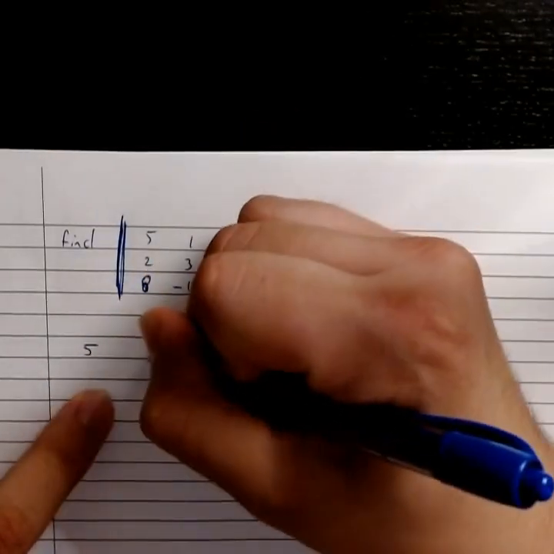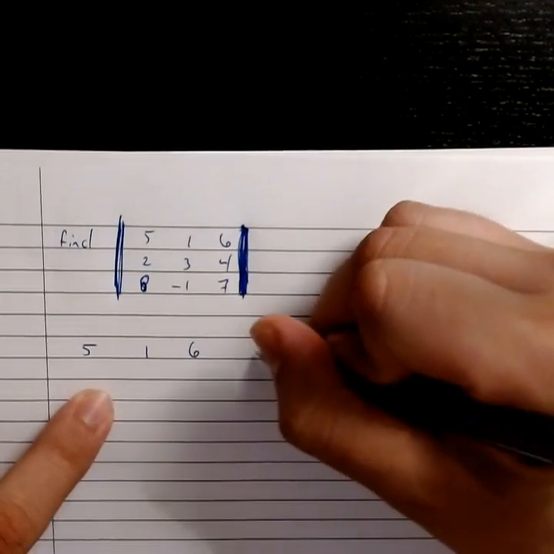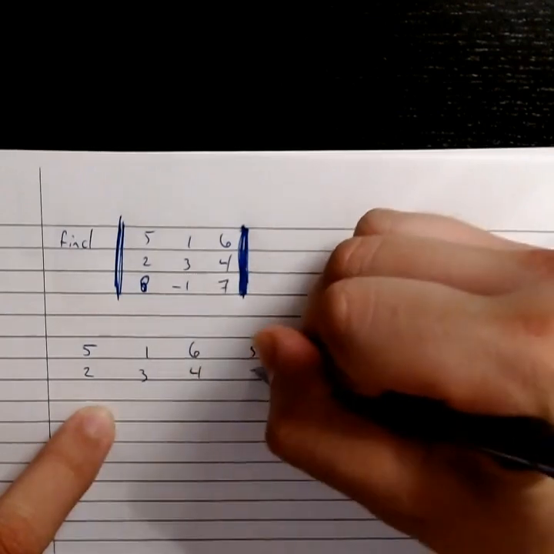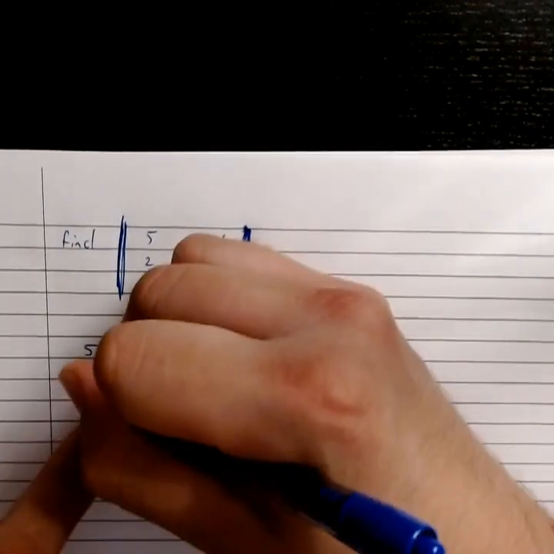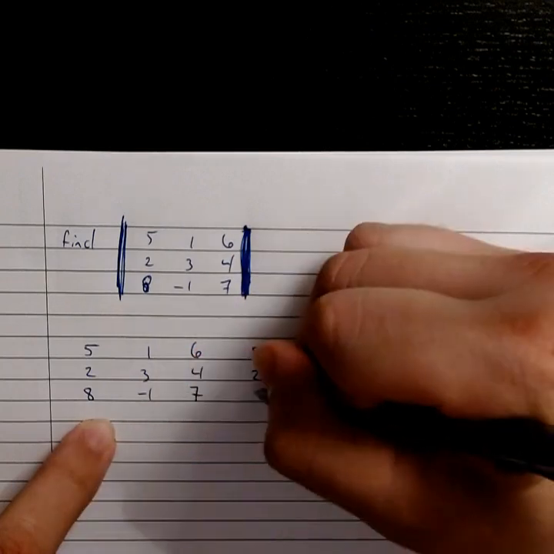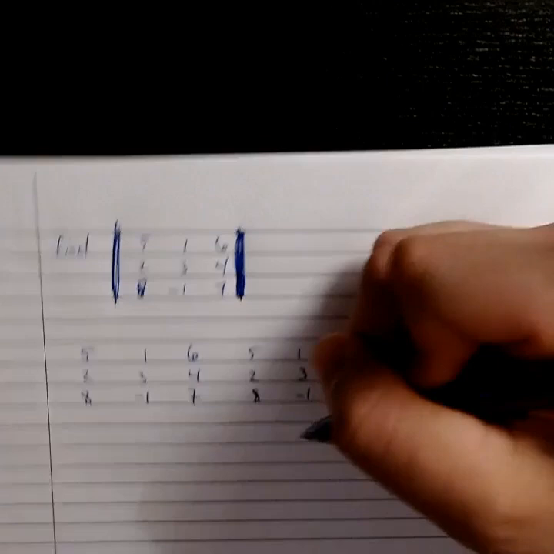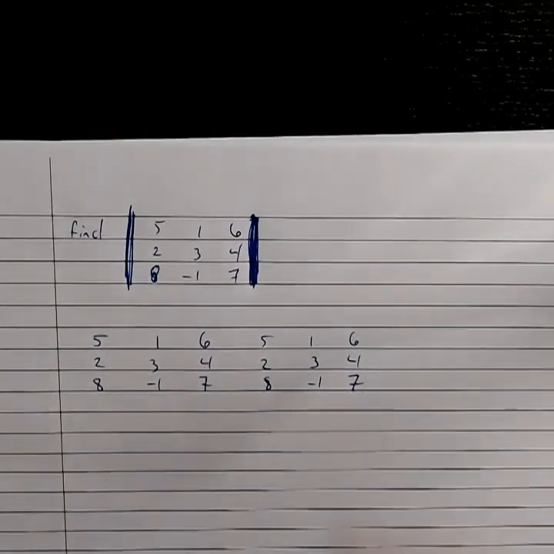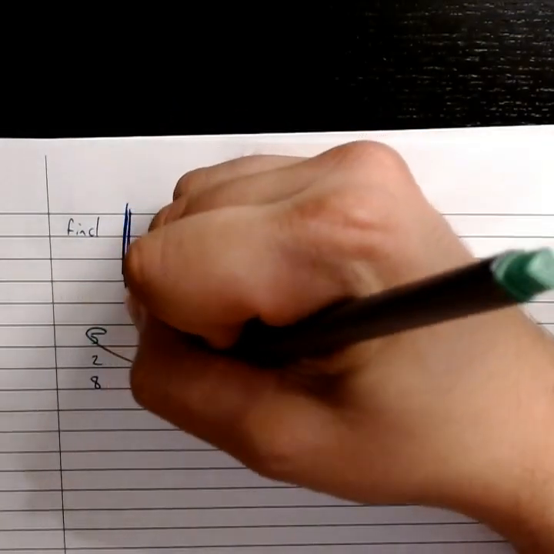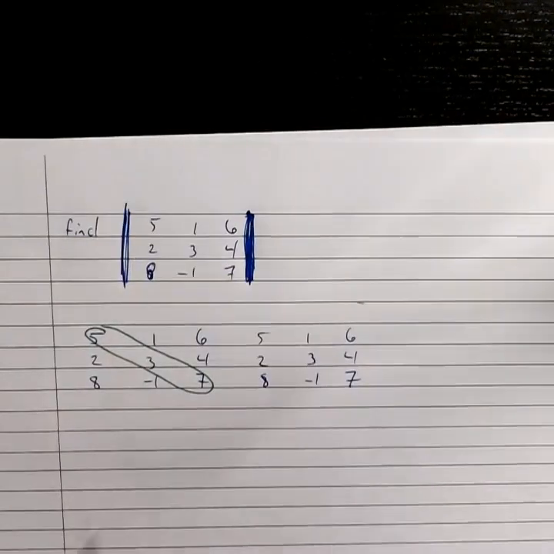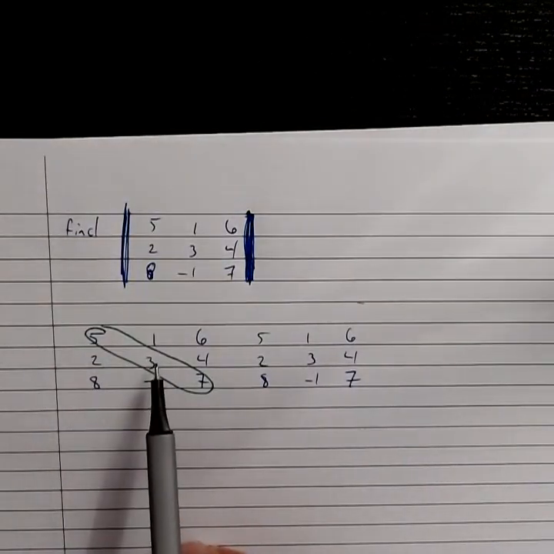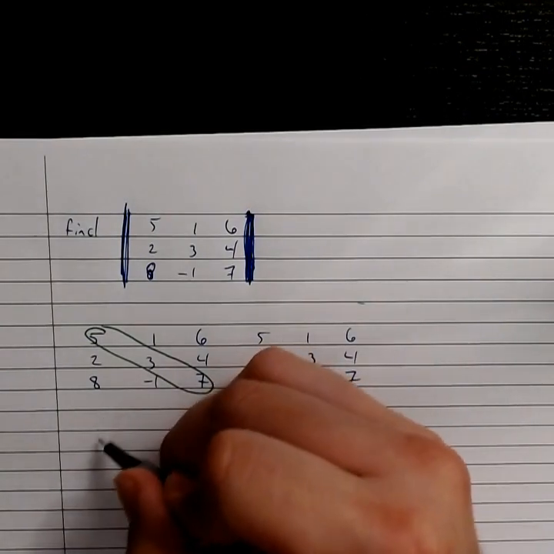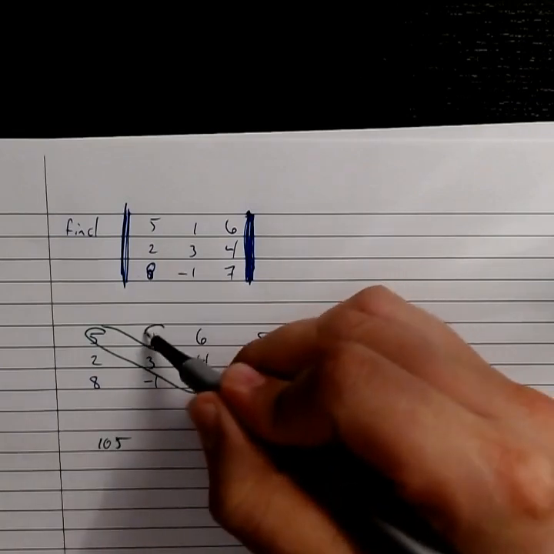We're going to have 5, 1, 6, 2, 3, 4, 8, minus 1, 7, and then repeat the first two columns. Just like that. So now, I'm just going to start by multiplying those together. 5 times 3 is 15. 15 times 7 is 105. So 105. And then I'm going to multiply these together.